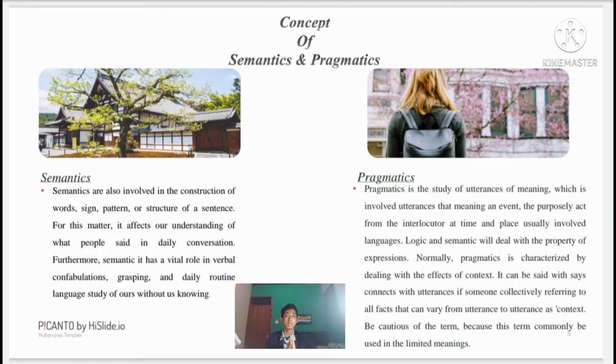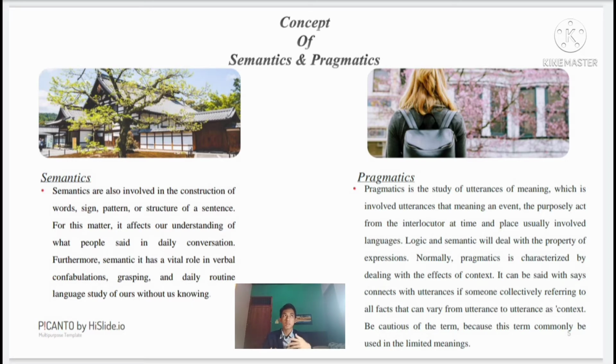I hope you get the point. Actually, you don't have to remember all, because in our presentation we only discuss a general definition of the concept of semantics and pragmatics, and that is all the information that I can deliver. Now we are going to move deeper to the relationship of semantics and pragmatics.